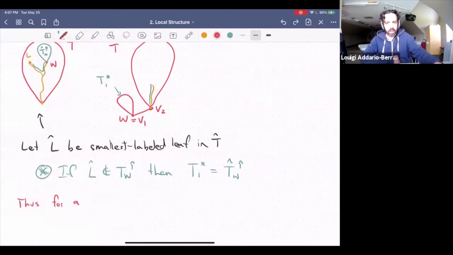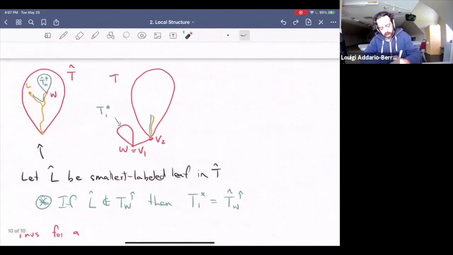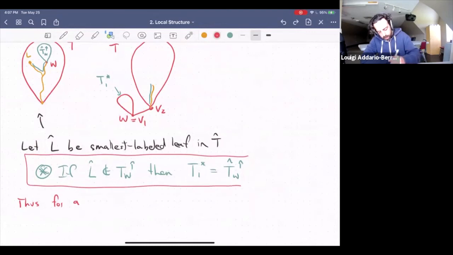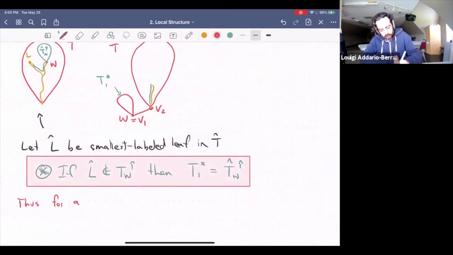I know this part was a bit hand wavy, but this fact is perfectly rigorous, and we can use it now in a perfectly rigorous computation to bound the probability that T1 star has a given size.